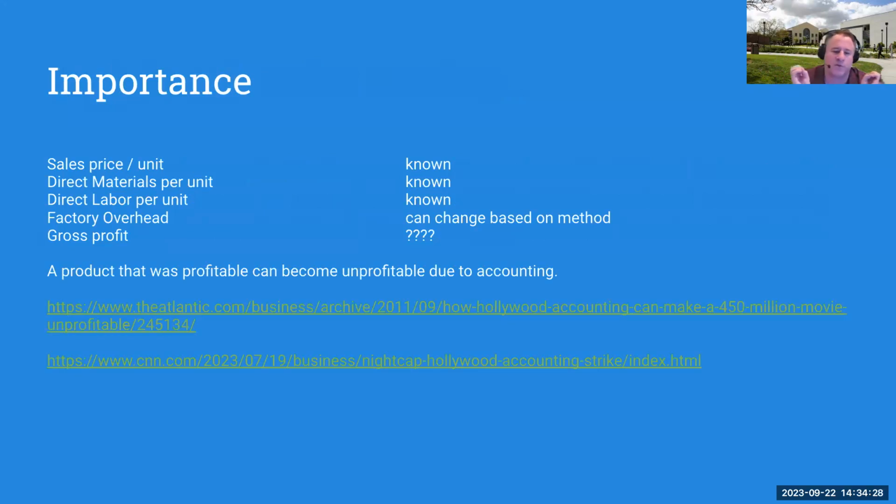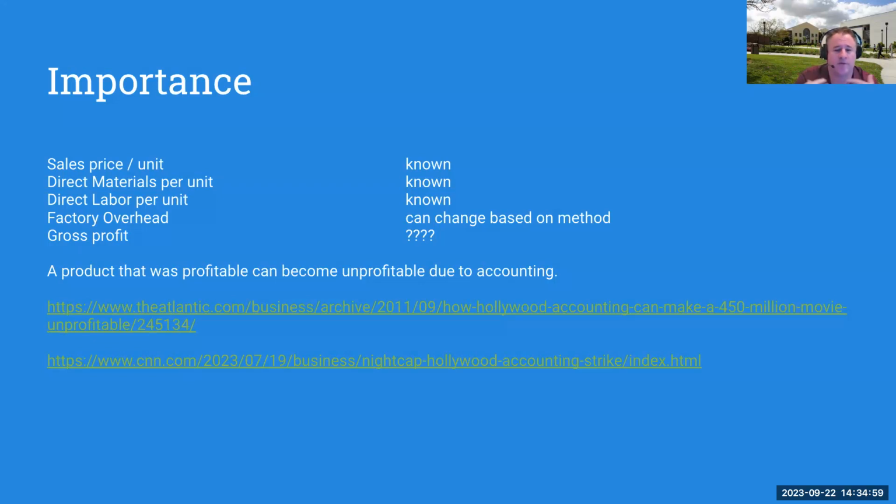Now, why is this topic so important? Well, when we look at the sales price per unit, we know that that is a known factor, right? We know how much we're selling the product for. We also know what the direct materials per unit are for that particular product, because we can directly tie it. If we're adding materials into the production, we can generally figure out how much those are. It's not an unknown factor.